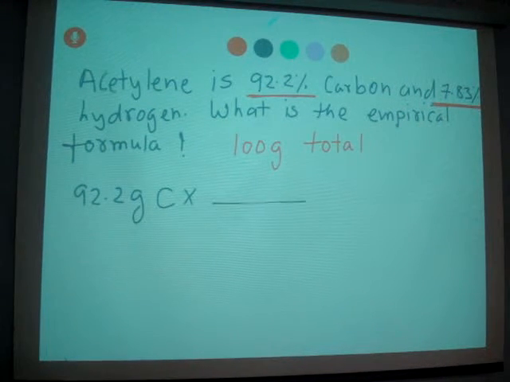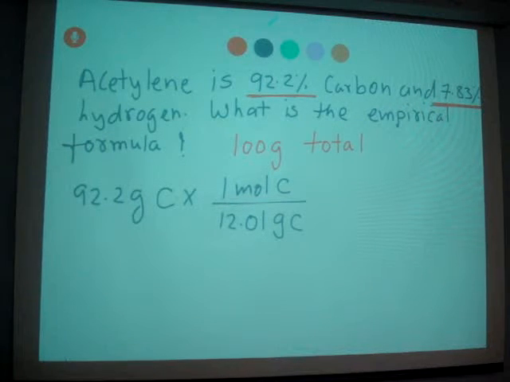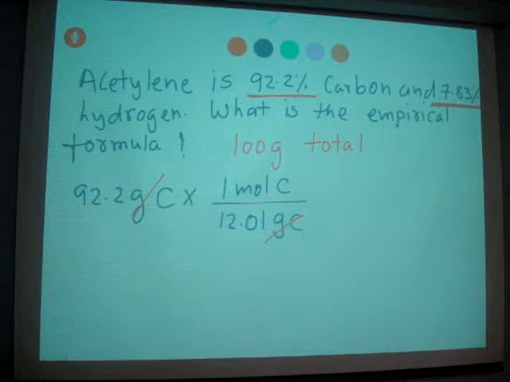And we convert into moles. We know that 1 mole carbon contains, what's the molar mass of carbon? 12.01 grams of carbon. And you cancel out grams and you get moles, which is 7.68 mole carbon.